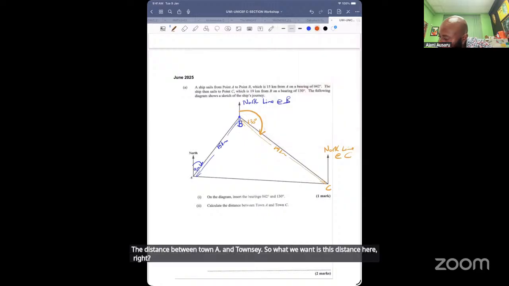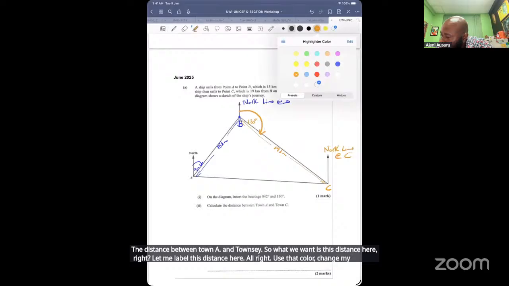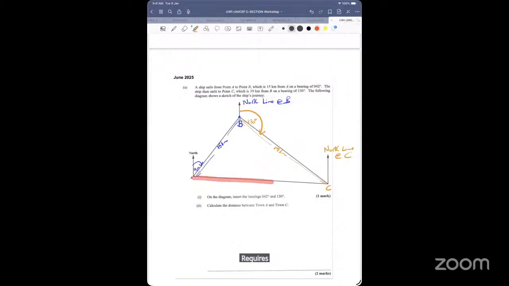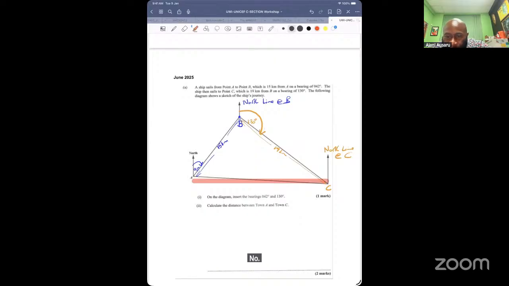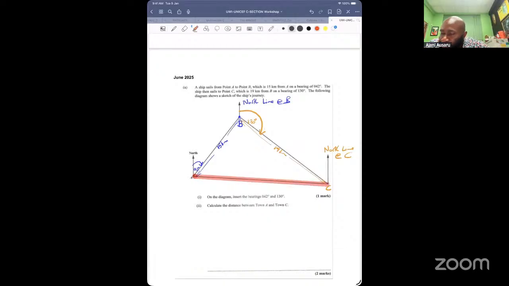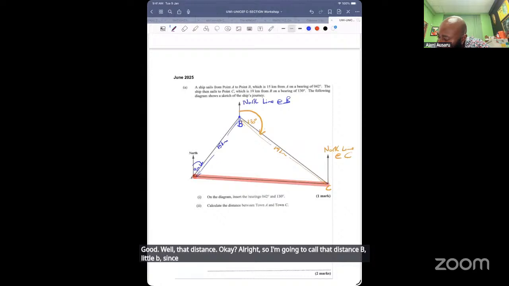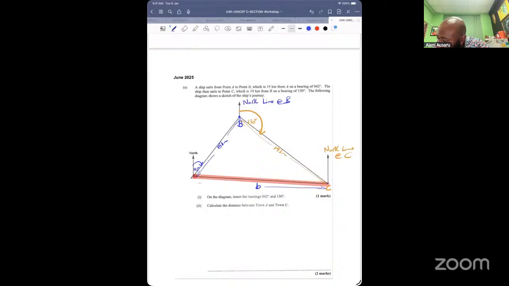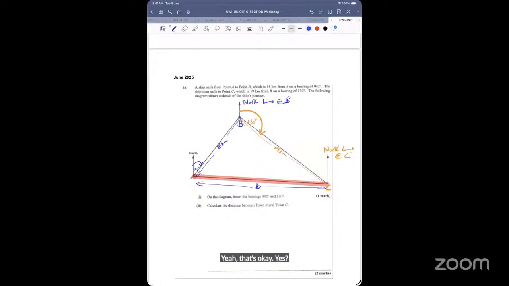Let me label this distance here, probably in red. We want a distance, not a back bearing. So I'm going to call that distance little b, since across from it is big B. That's okay? Yes, sir.